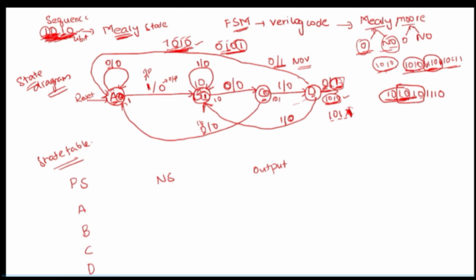Now in order to move to the next state, it should depend on the input. Based on the input value, whether it is 0 or 1, it will move to the next state.